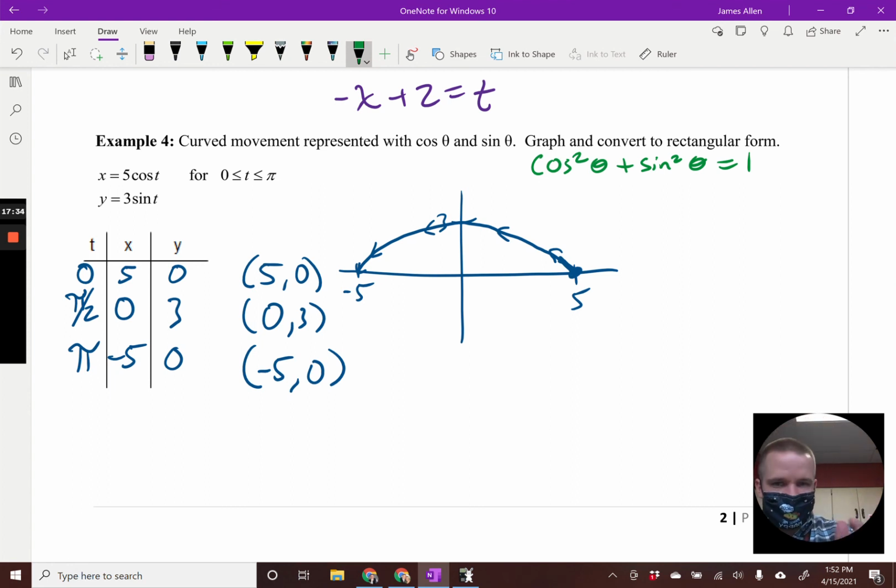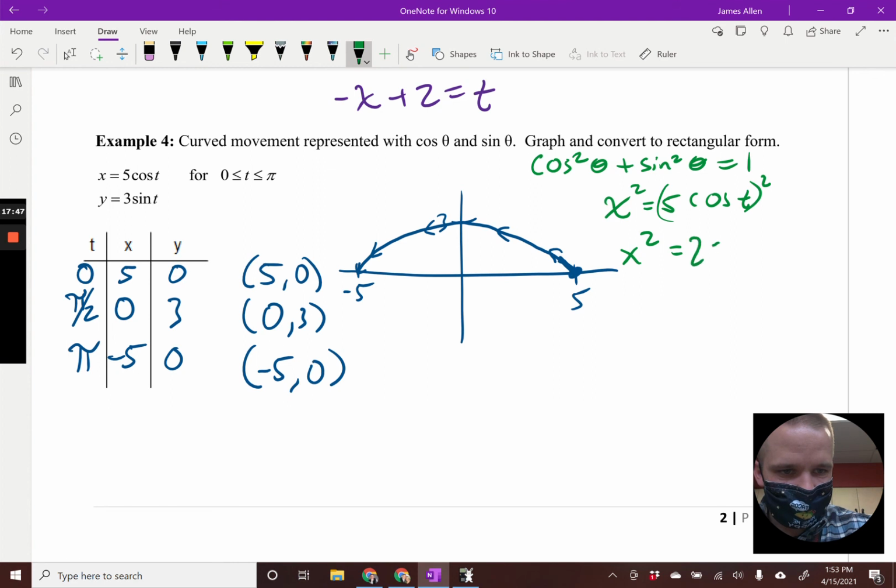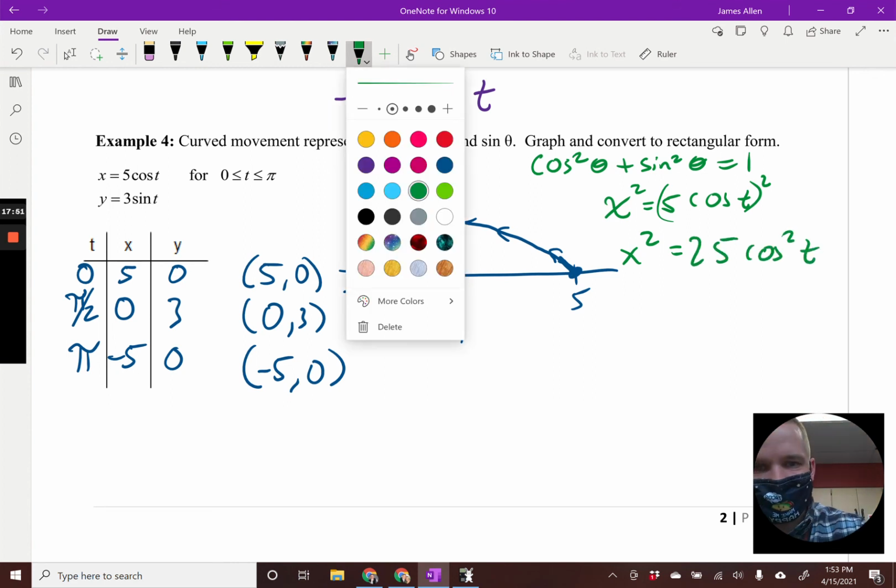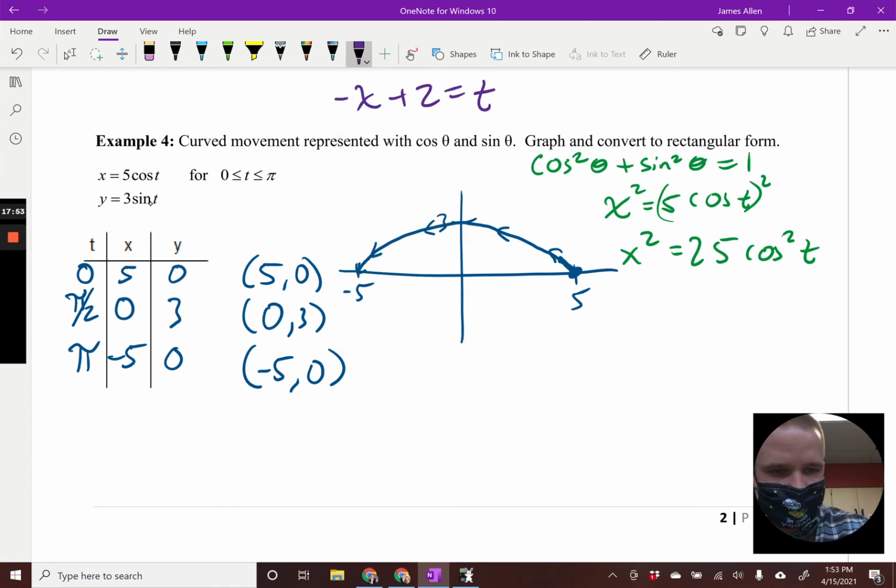So let's go ahead, and I'm going to take x equals 5 cosine t. I'm going to square both sides. So I get x squared equals 25 cosine squared t. And I'm going to do the same thing for y. So I get y equals 3 sine t.